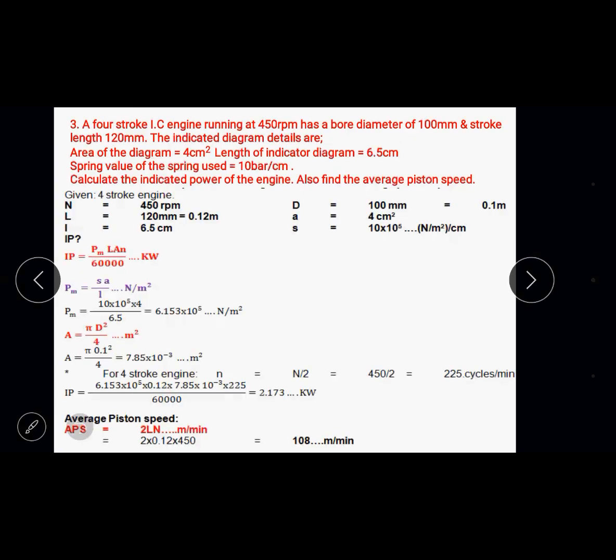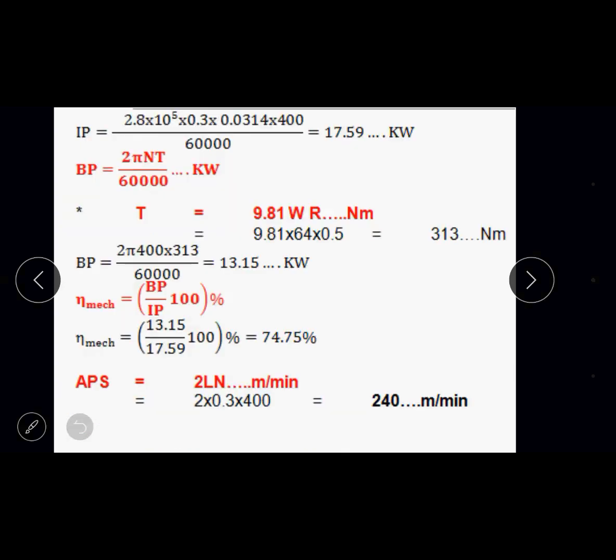So this is about problem 2. Hope you have understood this problem 2. You can activate your audios. If you have any doubts, you can clarify it. If anybody has a doubt and has not understood any parameter, activate your audio and go ahead with your question. If you don't have any doubts, then tell me, I'll go to the next problem.